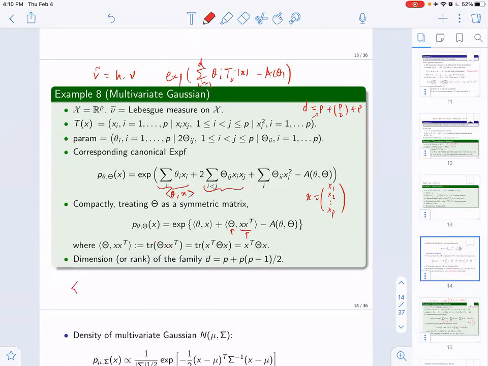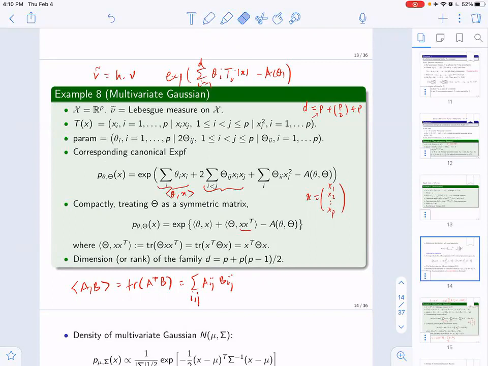For two matrices in general, I can define the inner product as the trace of A transpose B, which turns out to be just the summation of the products of all the entries over all i and j. And if they're symmetric, you can drop the transpose. So this is the Euclidean inner product, treating the matrices as giant vectors.